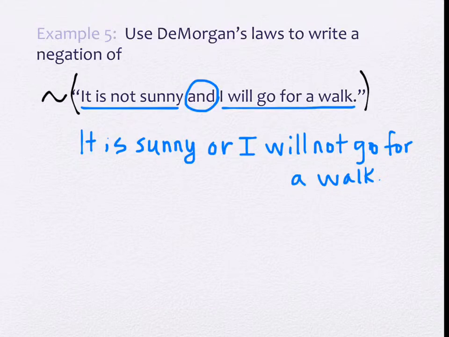Well, the opposite of that is, it is sunny, or you're not walking. One of those 2 things, or between them, has to be true to make the first statement false. It has to either be sunny outside or you have to be staying in your dorm room or going to the library or something like that, right? So this is the negation, and this is how DeMorgan's laws work in a contextual sense with negation.